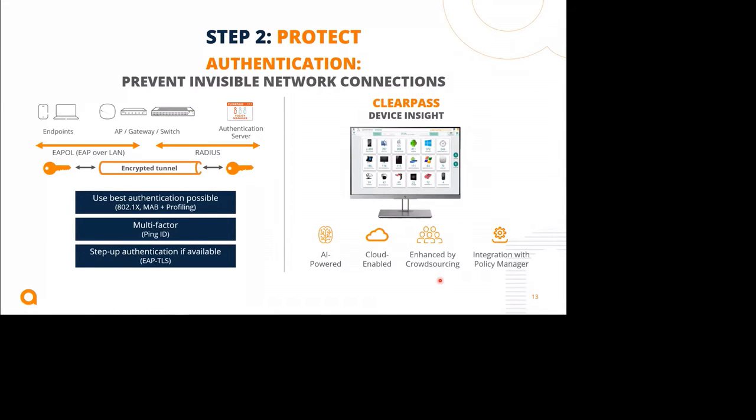So ClearPass Device Insight does a lot more than just looking at those static parameters. It also looks at the protocols your edge device uses to communicate, the frequency it uses to communicate, and which resources it would like to access. All of this is captured using deep packet inspection.